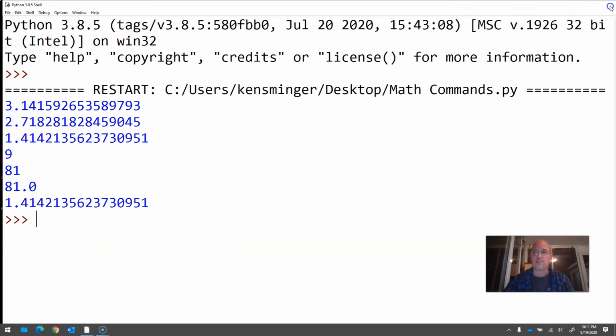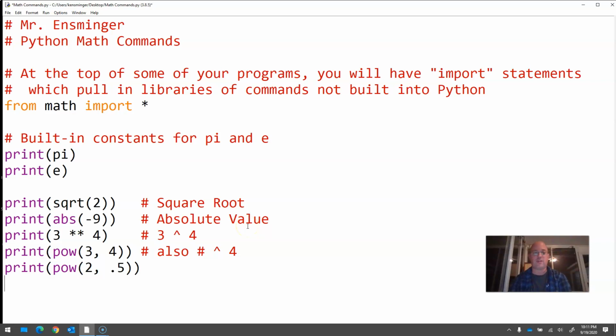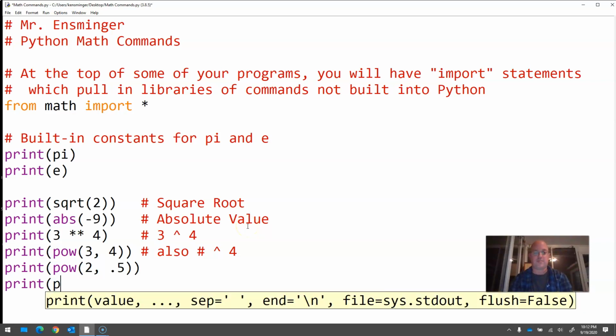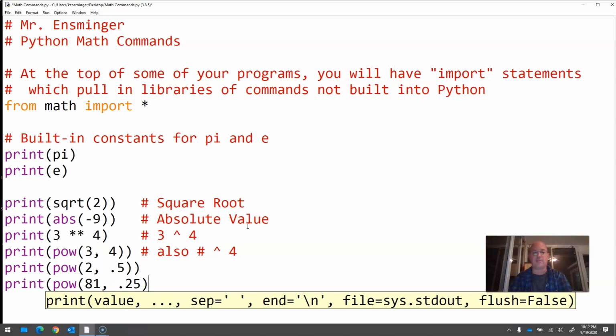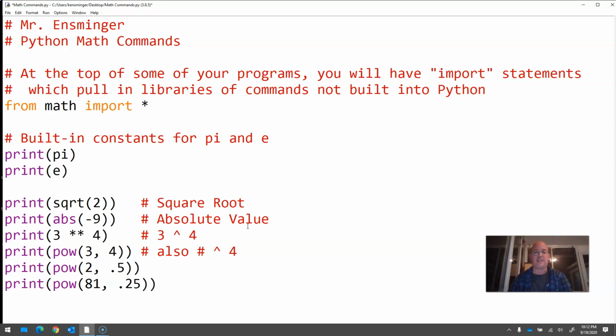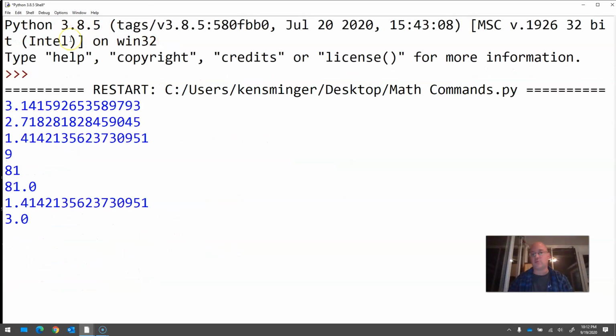And so if you want to do a different root, let's say print POW 81, 0.25, what's the 4th root of 81? What times what times what times what, the same thing, equals 81? 3. 3 times 3 times 3 times 3 equals 81.